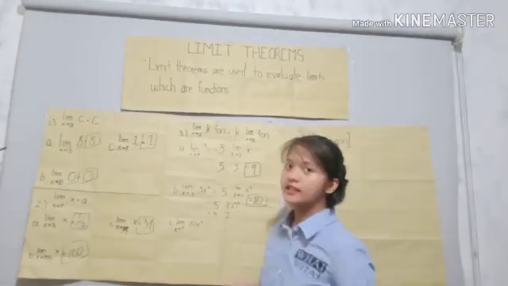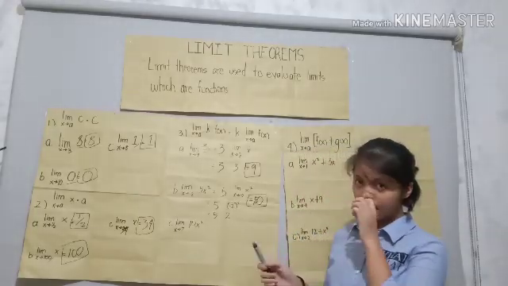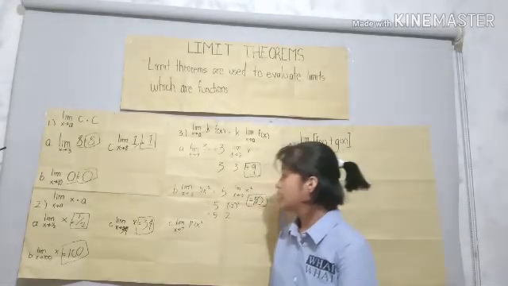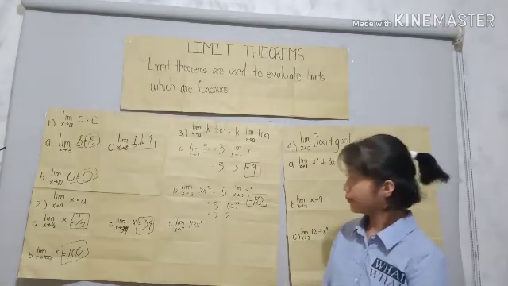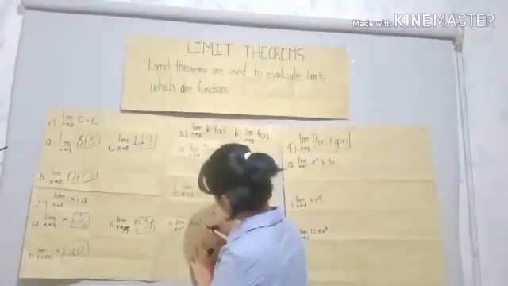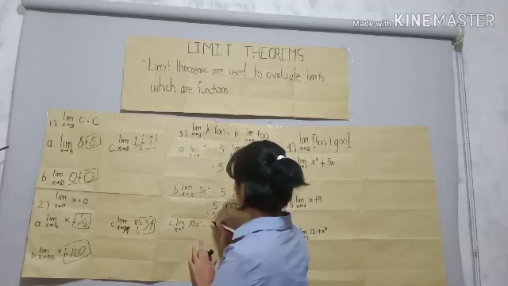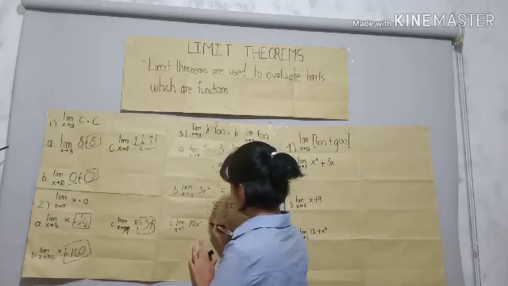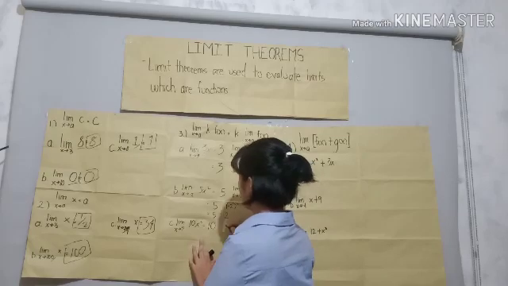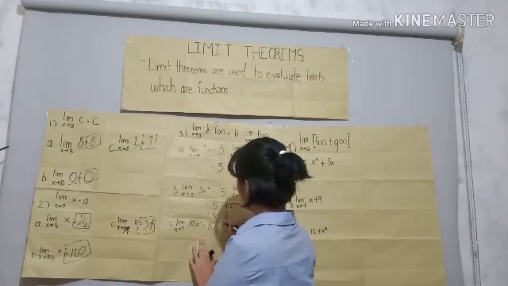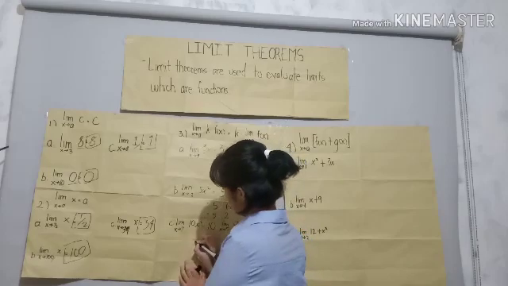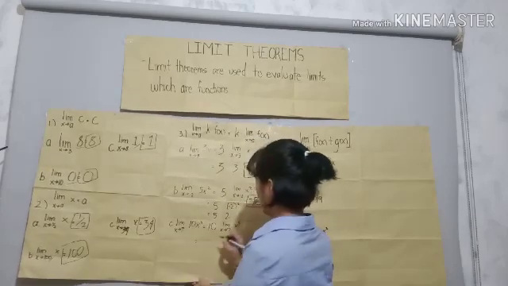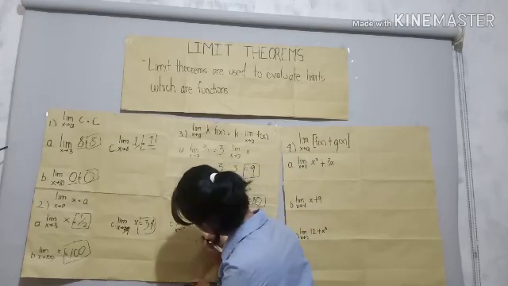In the third and last example for this theorem, the problem is the limit of 10x cubed as x approaches 7. Substitute the value.